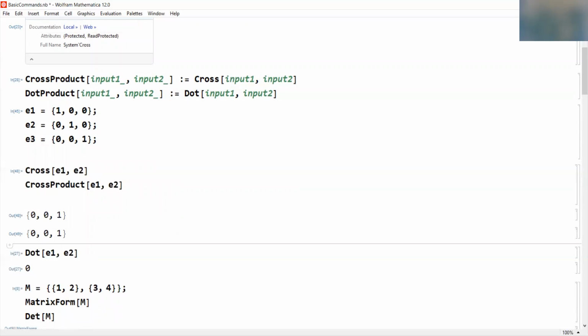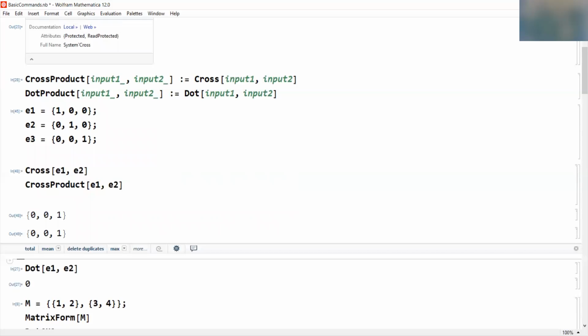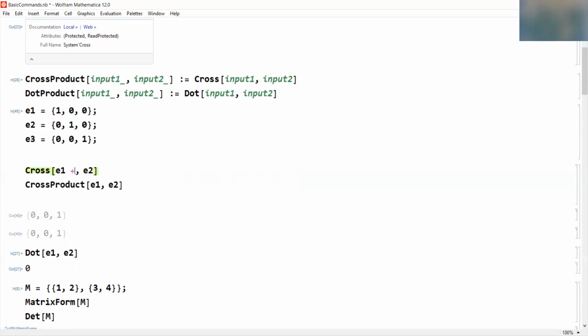Now if I take the cross product of E1 and E2, it is given as E3. Does that make sense? What if I did E1 plus E2 crossed with E3? What should that be? It should be the same thing. So we have, in some sense, a nice linearity.